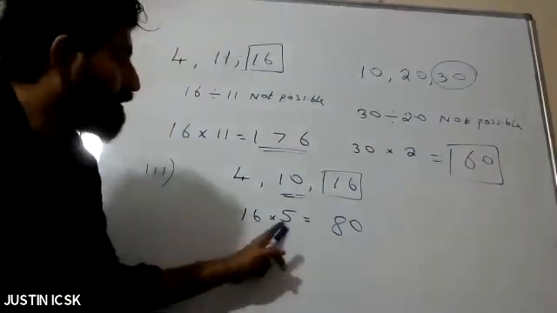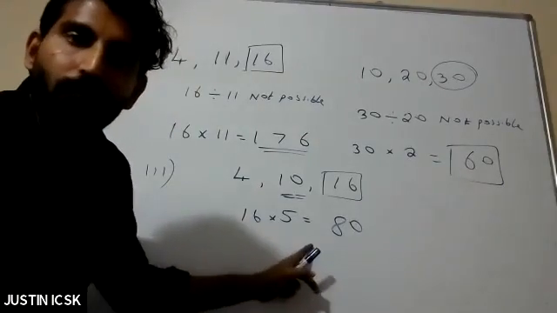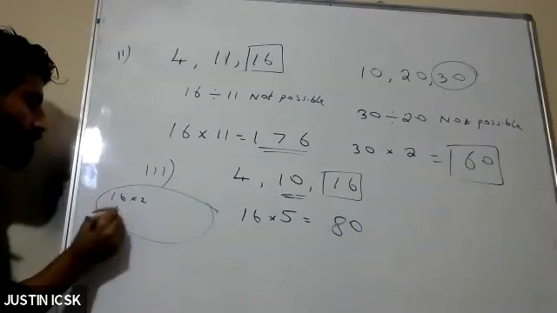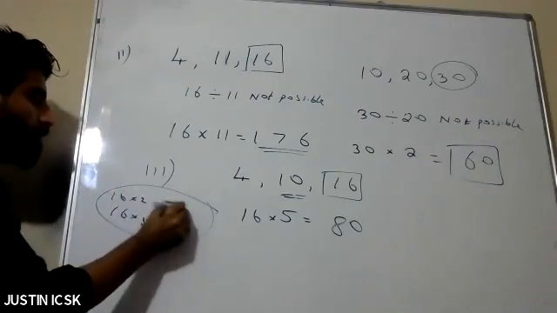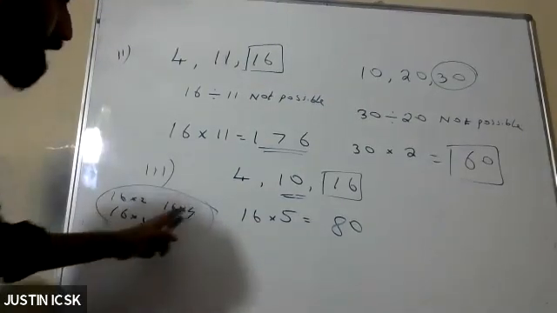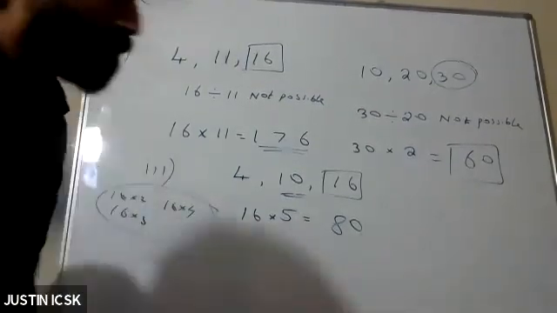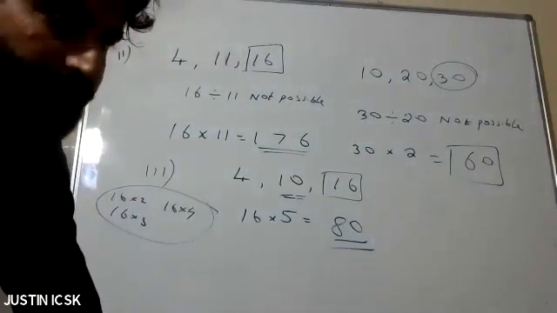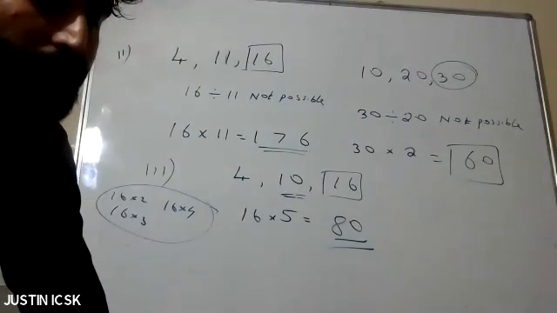So 16, 3 not possible, 4 not possible, 5. Okay? So no need to do 16 into 2, 16 into 3, 16 into 4. For that only we are studying Vedic one. So this answer no need. We can do 16 into 5. So our answer is 80.